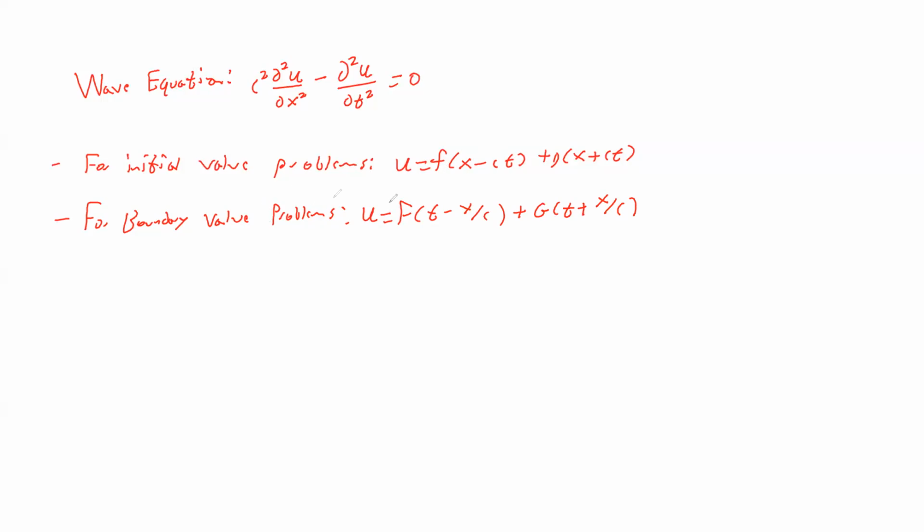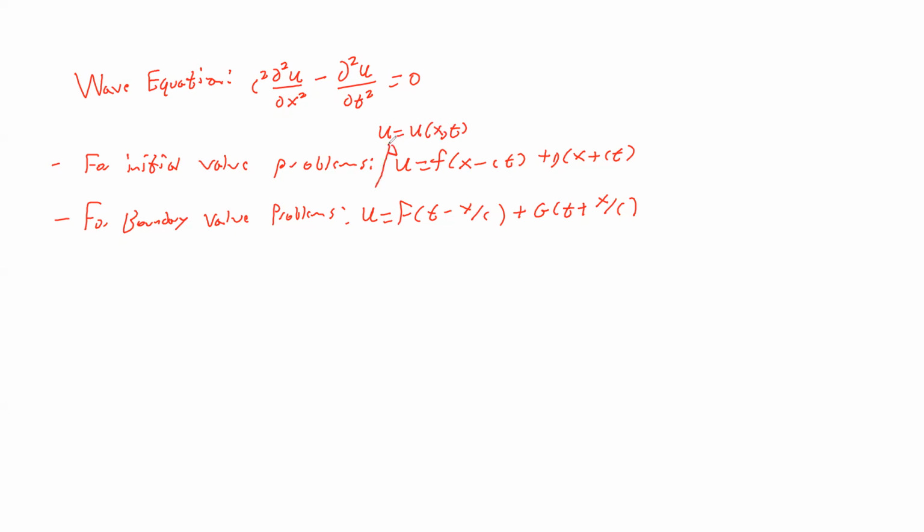Why for the initial value problems is it formulated this way? Well, if you think initial value problems, that gives you a condition where time is at 0. So you can easily say that u, and I should have been clear here, both of these u's are a function of x and t, position and time.